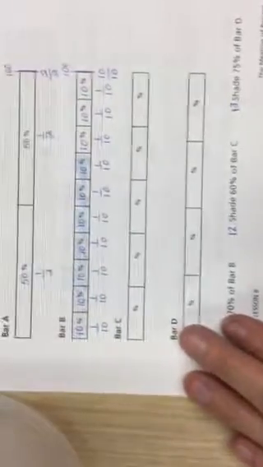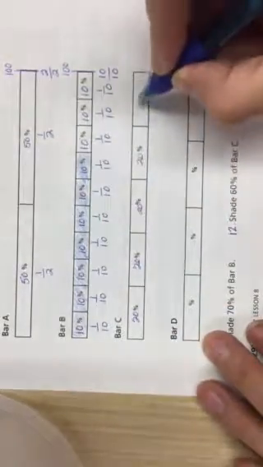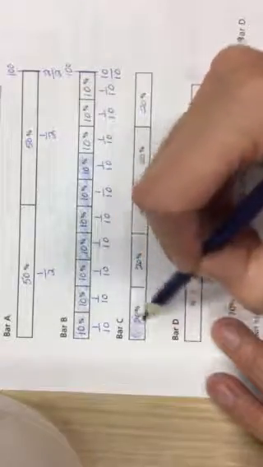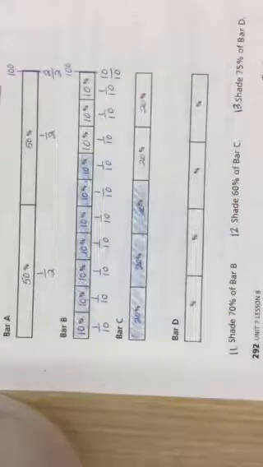Coming down to number 12, it says shade 60% of bar C. So for bar C, you probably had these broken up into 20% because there's 5 of them, and 100 divided by 5 is 20. So to make 60%, I would go 20%, 40%, 60%. Go ahead and do number 13 for bar D on your own. Just pause the video.